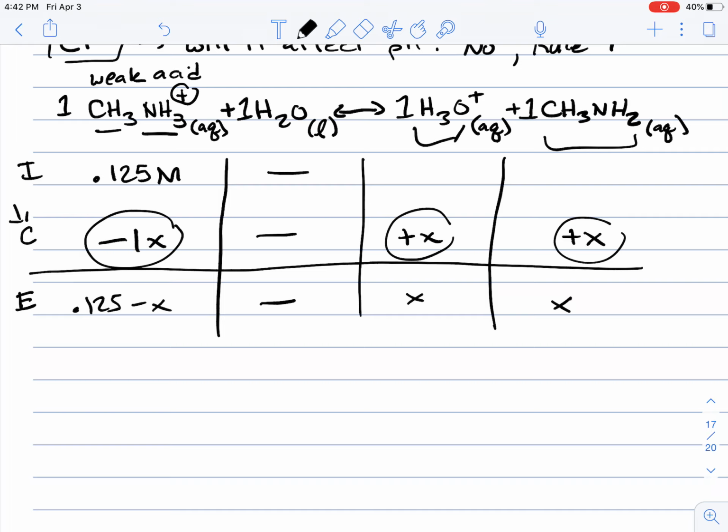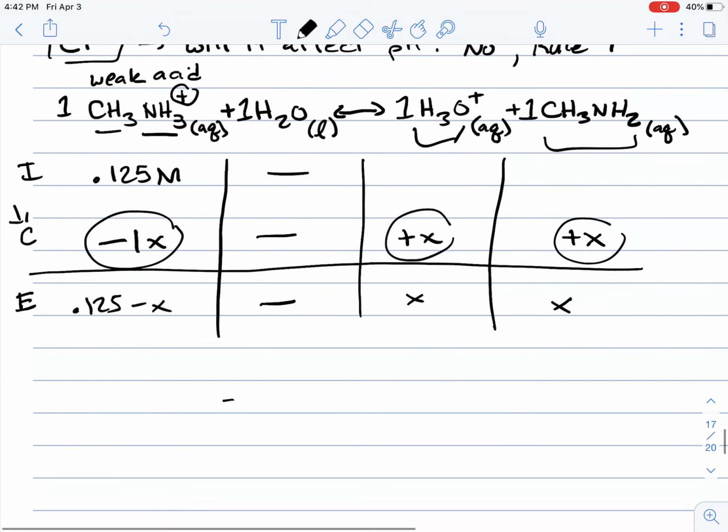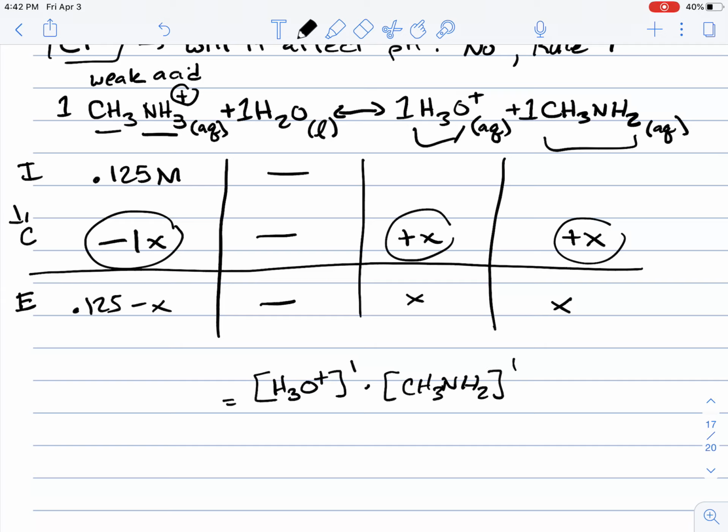Okay. And so the next part to our solution map was writing the mass action expression. And so the mass action expression is the ratio of products over reactants raised to their coefficient. And so here in this case is going to be H3O plus raised to the first power times CH3NH2 raised to the first power, divided by CH3NH3 plus raised to the first power.